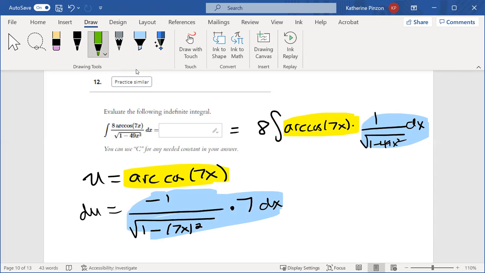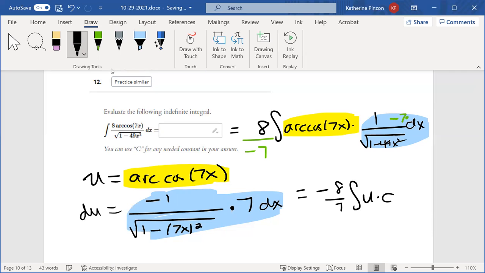A -7, right? So I'm missing the 7 and I'm missing the negative. I have a positive there, right? So I'm going to put a -7 in there. If I put a -7 in there, I need a -1/7 or a divide by -7 in the front. Okay, so this is -8 over 7 integral of, what's the yellow one? u times du.